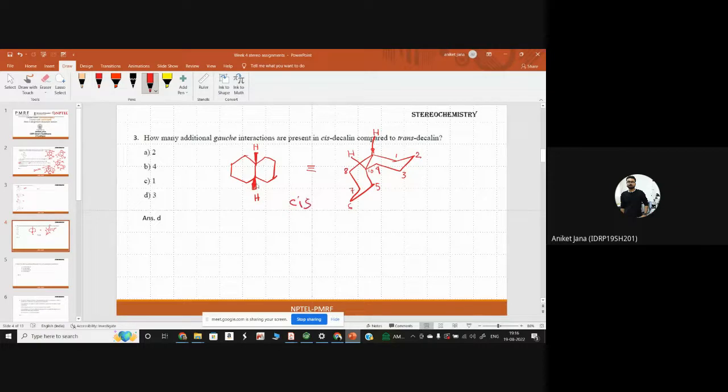This is cis, as you can see the two hydrogens are on the same side. And in case of trans-decalin, the two hydrogens are on opposite sides. One is above the plane and another is below the plane. So the chair conformer of the decalin system is this one. One hydrogen is above and one is below. The same way we can number this system also.